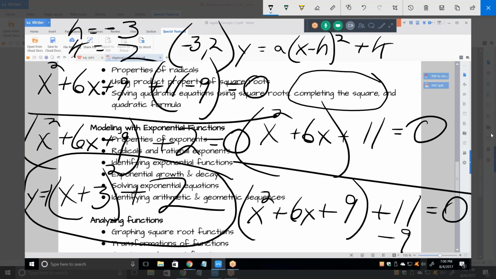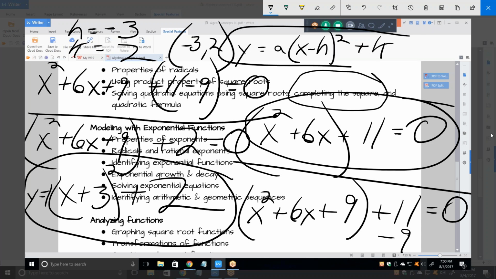So notice what happened. I started with a very complicated quadratic that I could not factor. And by completing the square, I was able to put it into vertex format, which is this format right here. Get used to that format. That is the most common format for quadratics.